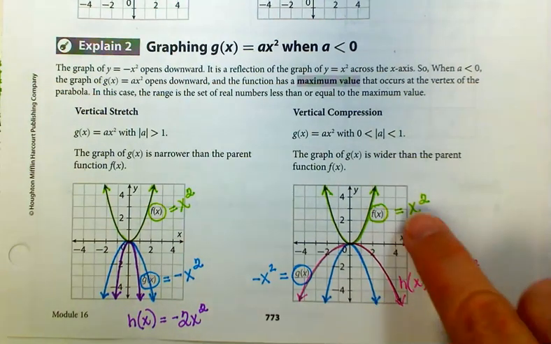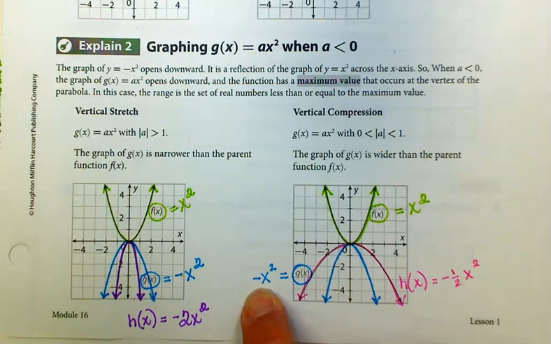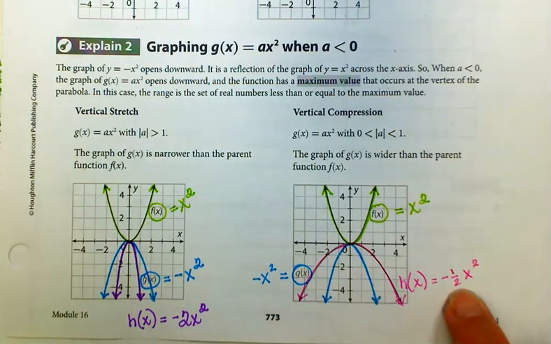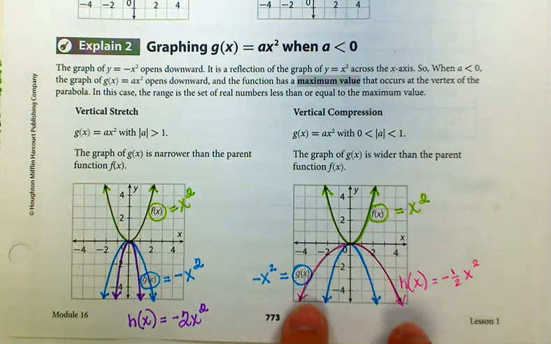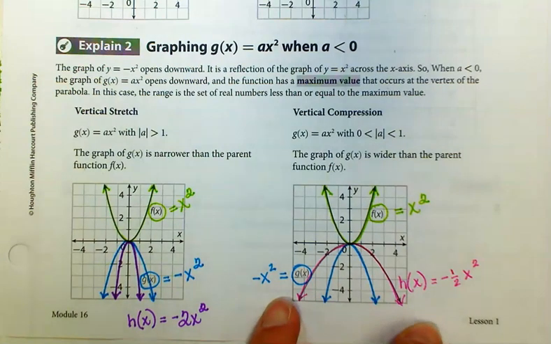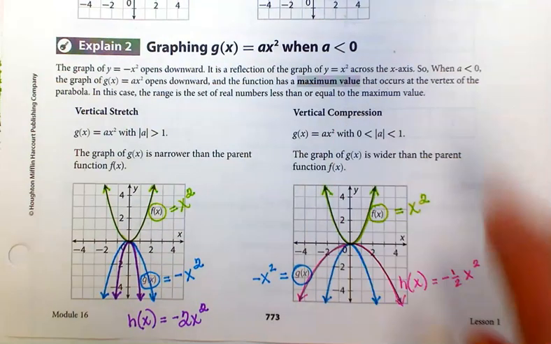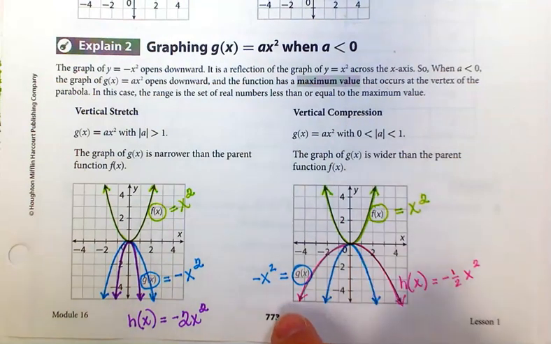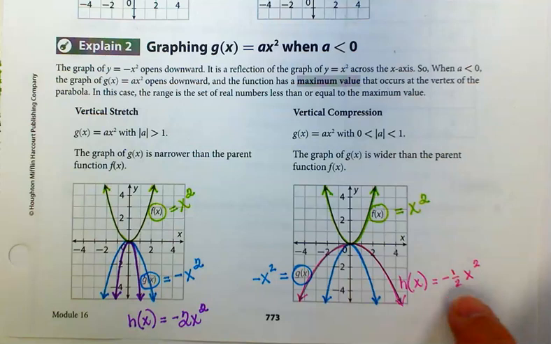Basically, it goes from x squared to negative x squared. And then if the value of a is a fractional value, then it's going to be fatter, squished, whatever. It's a vertical compression. And it's turned this way because the value was negative.